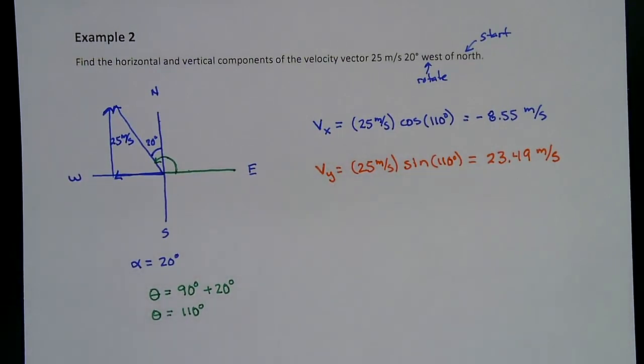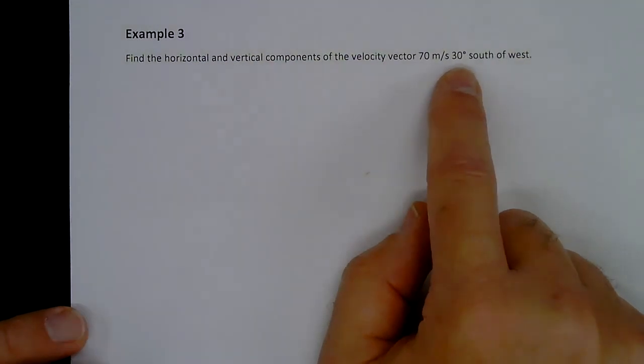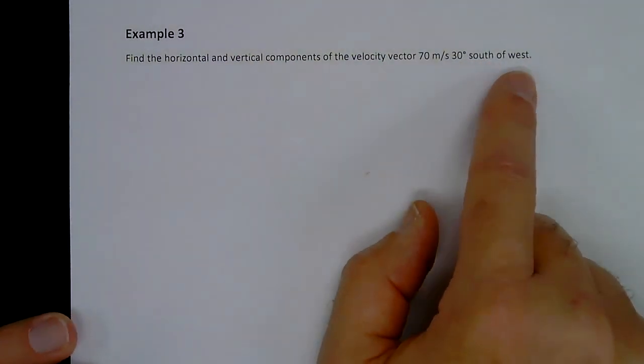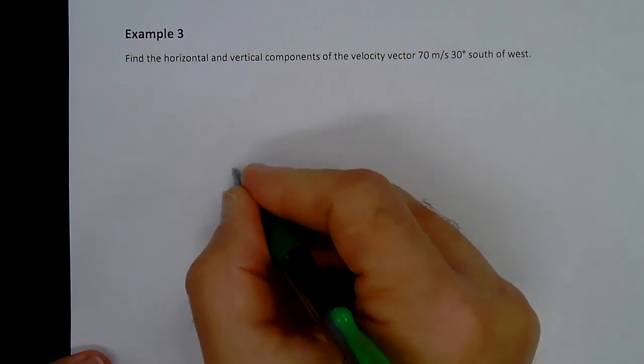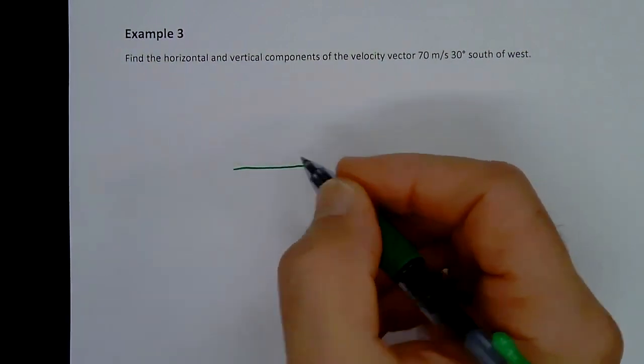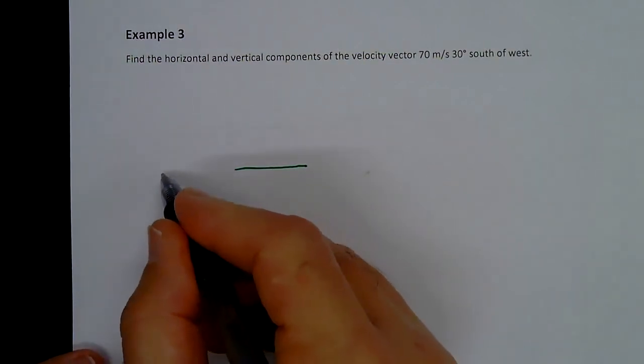Again, the angle theta has to be measured from the positive x-axis. For this next example, we're doing the same thing, but this time the vector is 70 meters per second, and it's 30 degrees south of west. I'm going to draw my positive x-axis in green, and my negative x-axis in a different color.